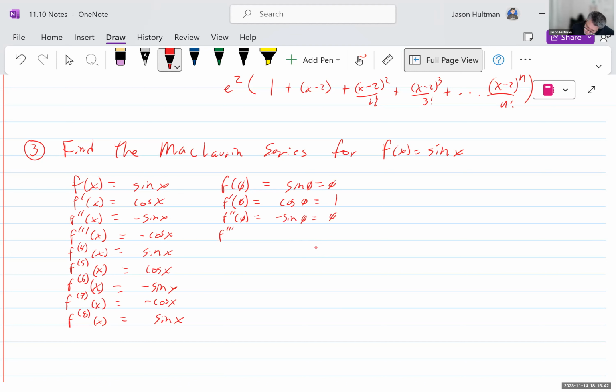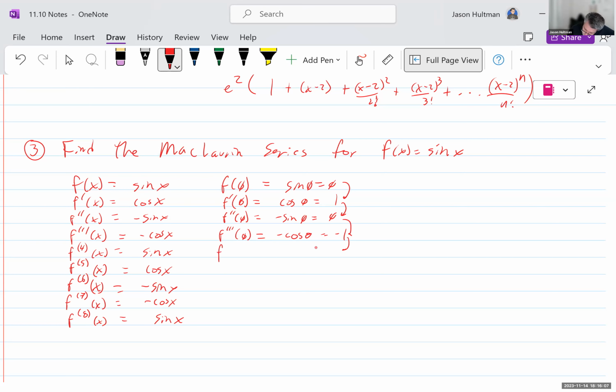F triple prime of 0 is equal to negative cosine 0, which is negative 1. So this kind of oscillates. It jumps from 0 to 1 to 0 to negative 1, and then it's going to go 0, 1, 0, negative 1 forever.